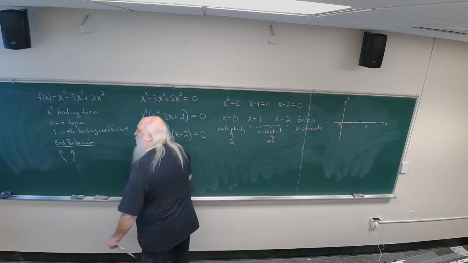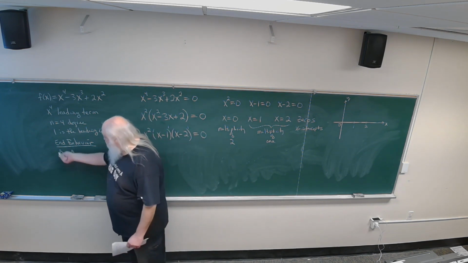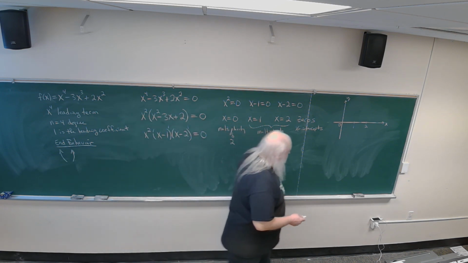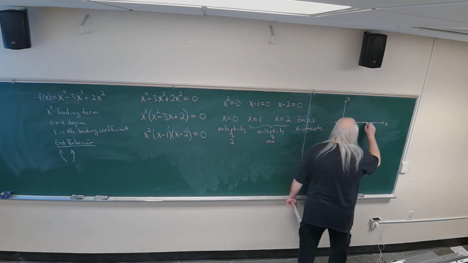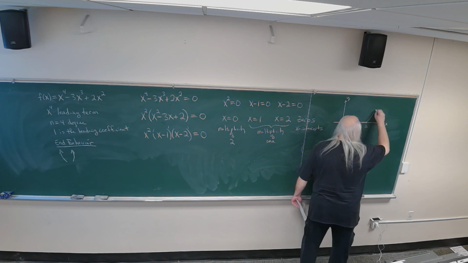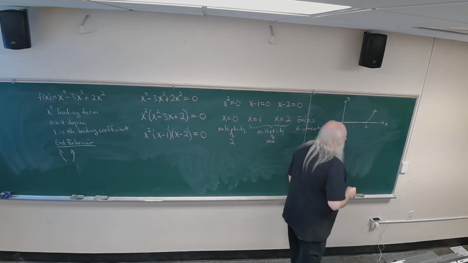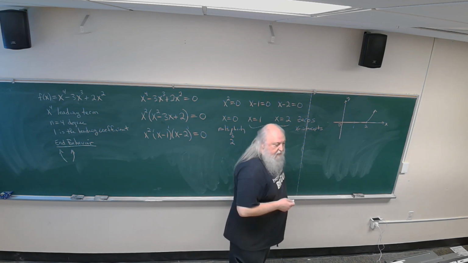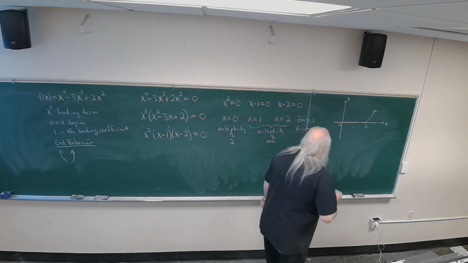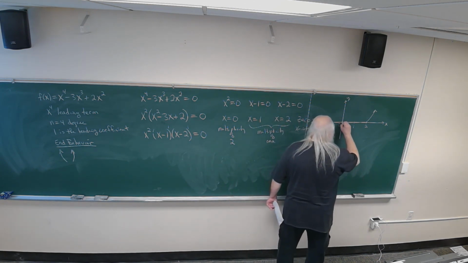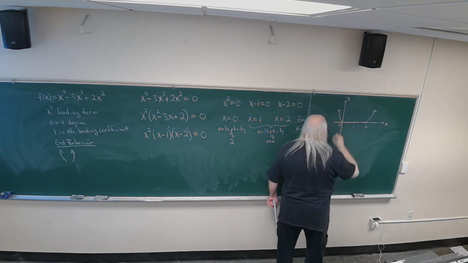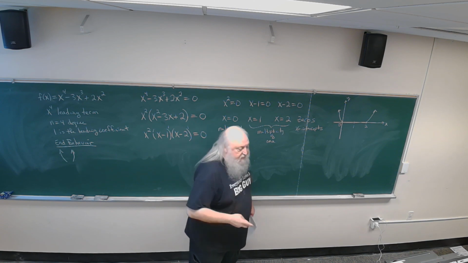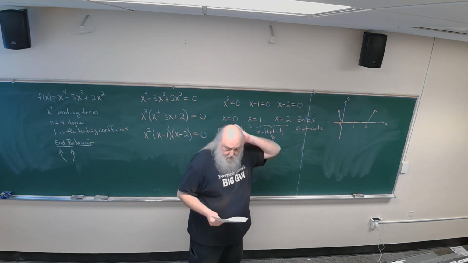We know that the end behavior is the left end goes up, the right end goes up. So from this last x-intercept, the graph has to go up. It can't come down and touch the x-axis again, or that would create another x-intercept. And here at the origin, the graph has to go up. Otherwise, it would have to come down and touch the x-axis, creating another x-intercept.